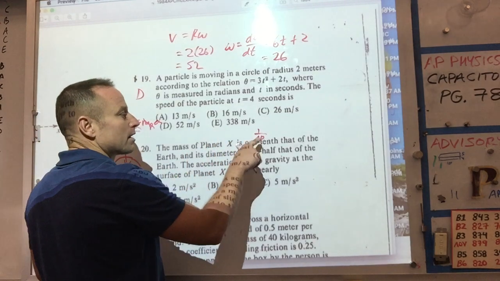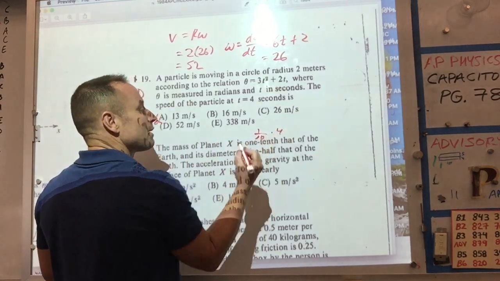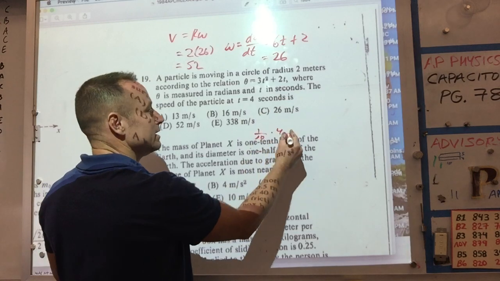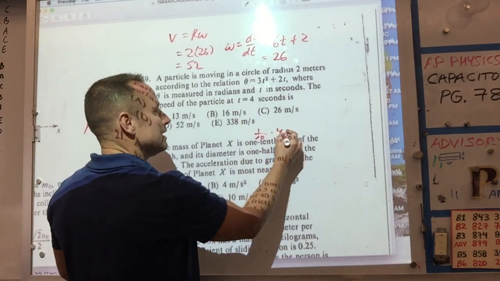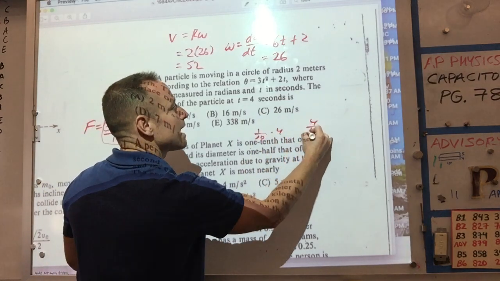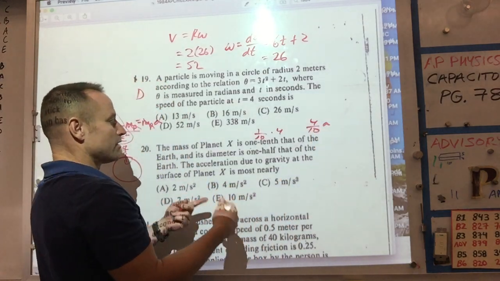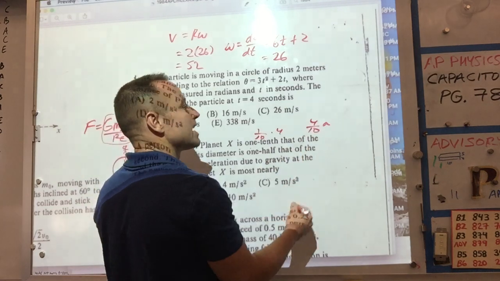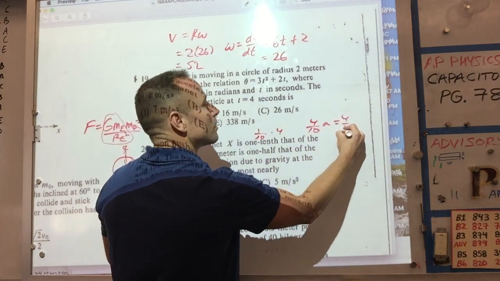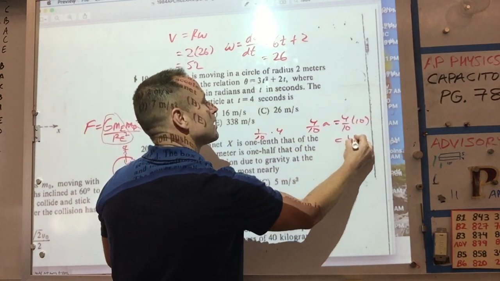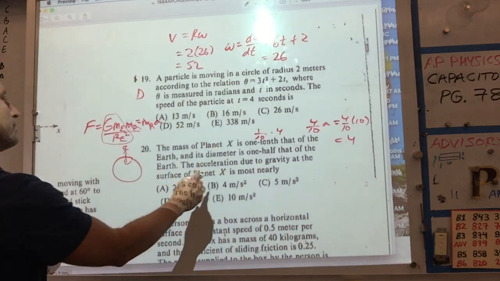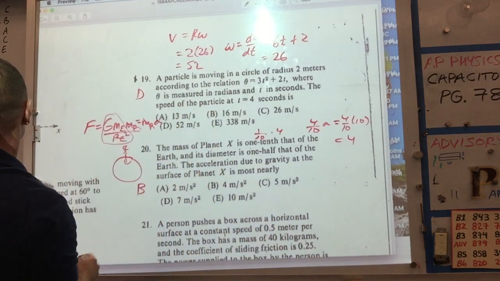So first we cut it by a factor of 10, then multiply it by 4. So it's going to be 4/10 of the old acceleration. The old acceleration is g, about 10, so 4/10 of 10 is just 4. So the winner should be 4 meters per second squared, so 20 ought to be B.